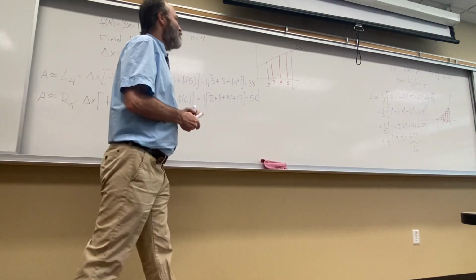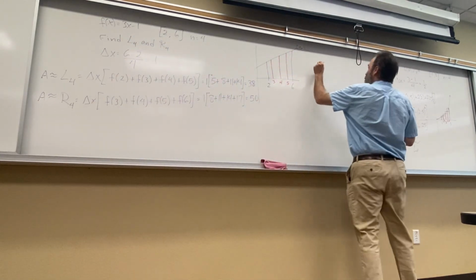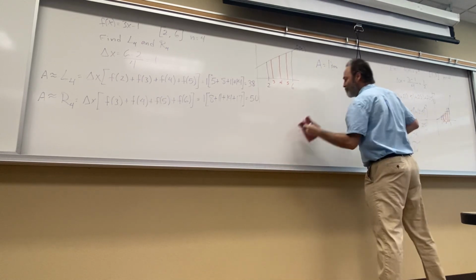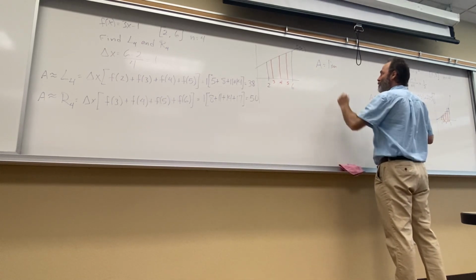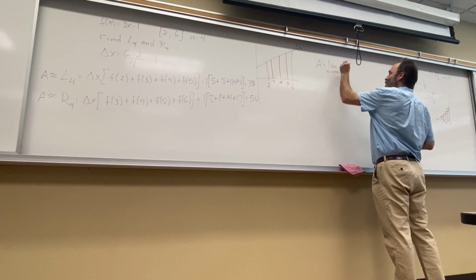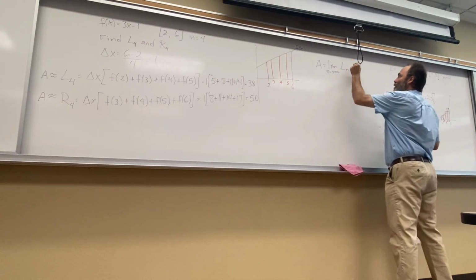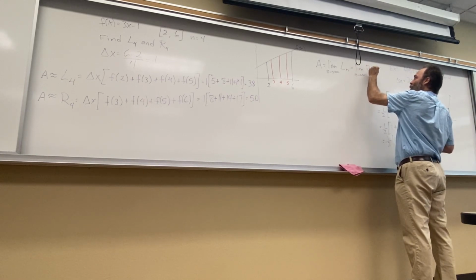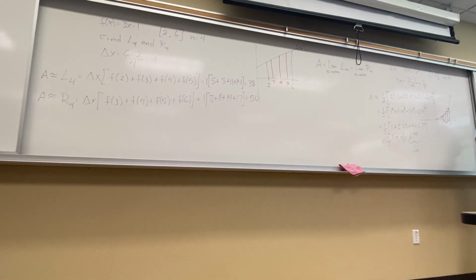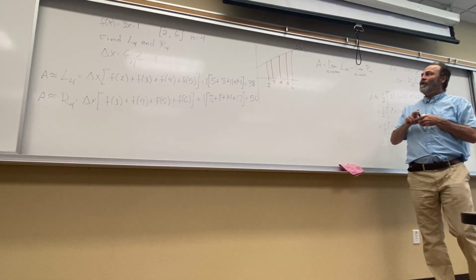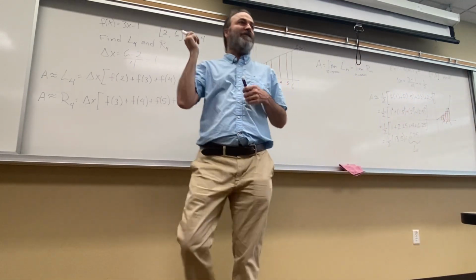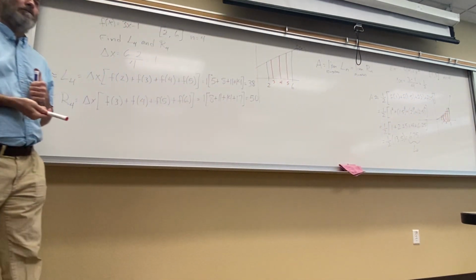Okay? So the actual area is going to be the limit as n goes to infinity of L sub n, or R sub n, either one. Both of them are going to be coming at it from opposite sides. But ultimately, what we want to do is take the number of rectangles and take the limit as n goes to infinity.